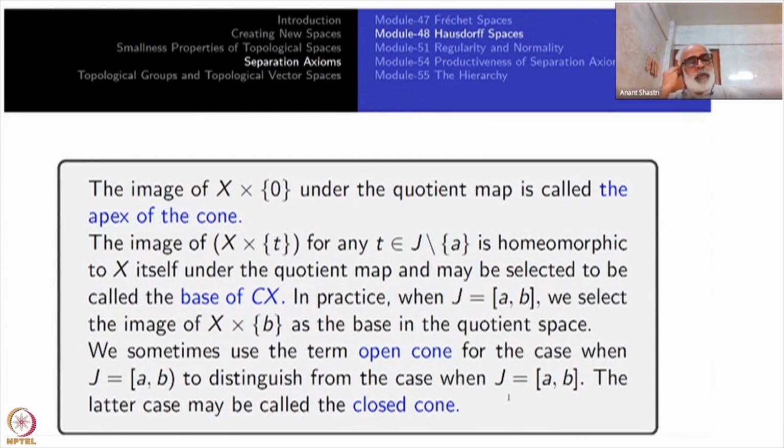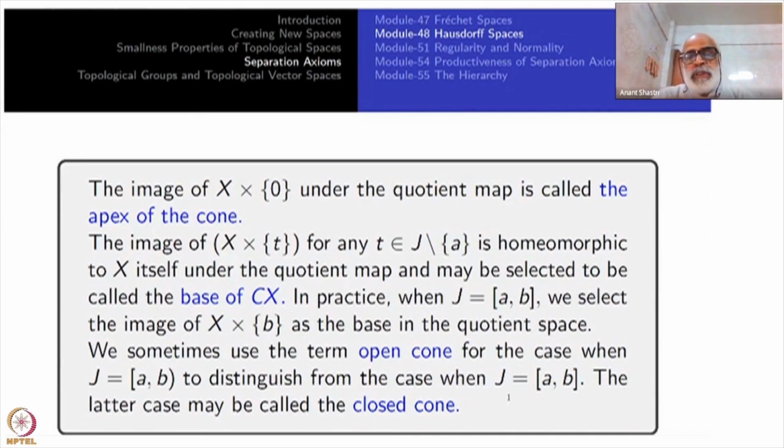The prototype of this one is when X itself is a circle. Then you must have seen all the pictures of the right circular cone and so on. In 12th standard, you study the cones also, conic sections and so on.